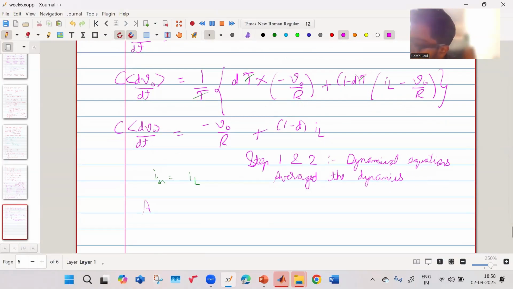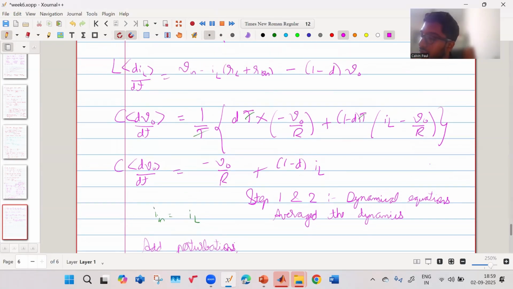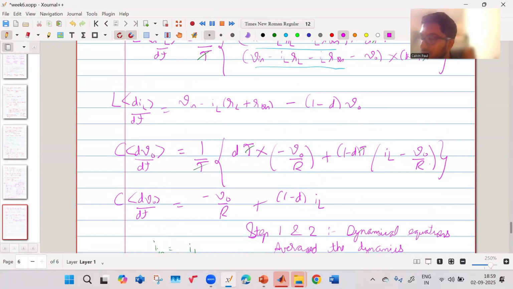So we add perturbation. Right? So I should add perturbations to what all quantities? Which all quantities should I add perturbation?